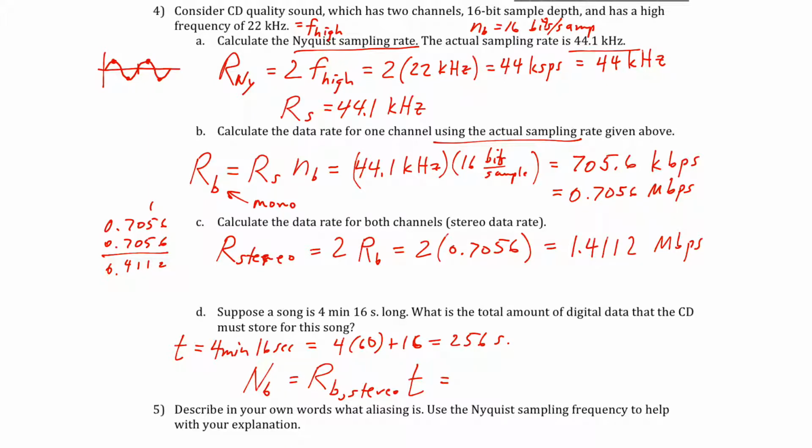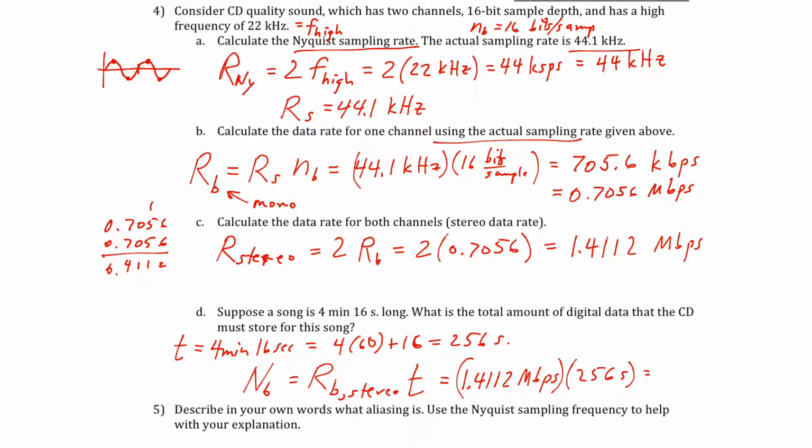And it is 1.4112 megabits per second times 256 seconds. And let's see, if I multiply those out on the calculator, I'm going to take 0.7056 times 2, 1.4112, right? And now I'm going to multiply by 256.